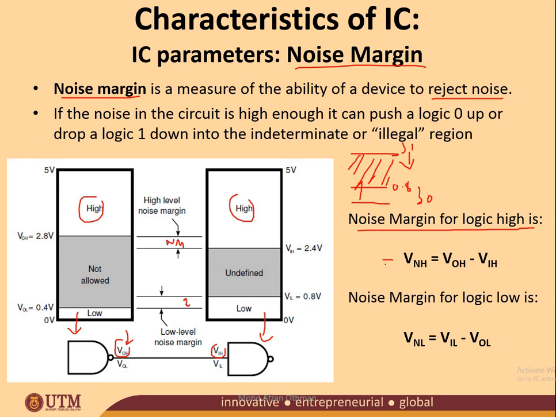Please memorize this. It's very simple actually. Not that much, nothing complicated to be memorized. I think it's easy. Because you see VOH is normally high, minus VIH. And how about VNL? You see it's VIL here, minus VOL.